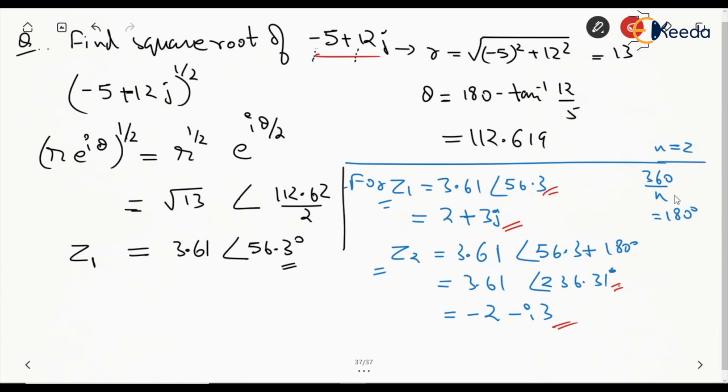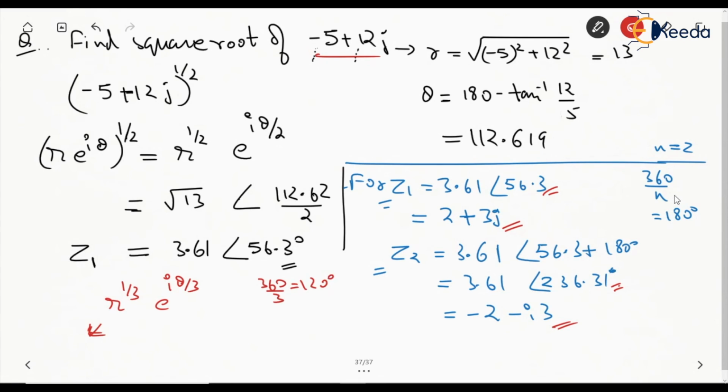Had it been the cube root of this, we could have found it by r to the power of 1 by 3 and e to the power of i theta by 3, and then, finding one root, the magnitude for all the roots would have been the same, and the other roots would have been 360 by 3, which is 120 degree apart.